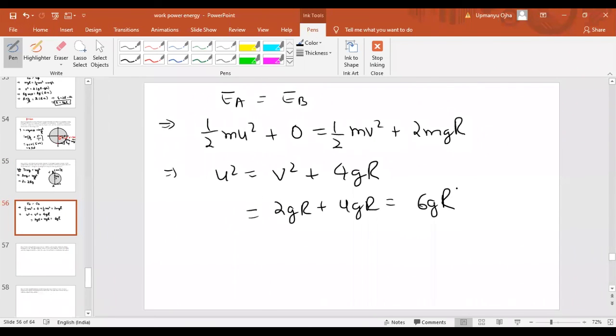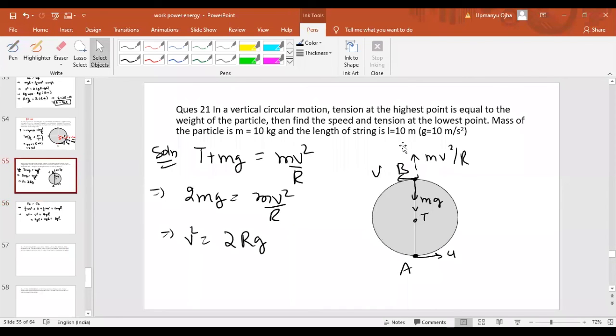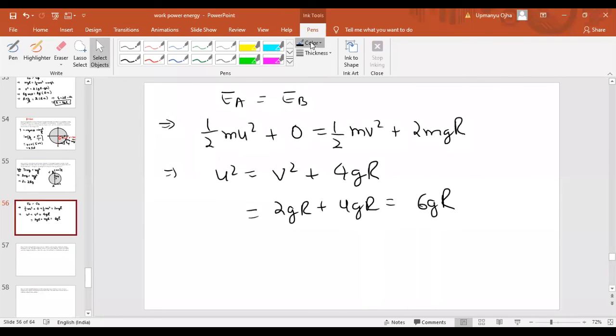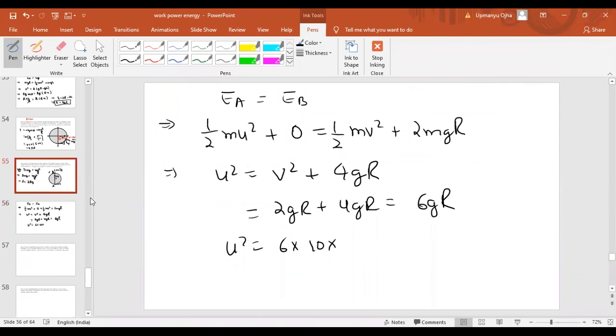So u square equals 6gr. Now we just need to substitute the values: u square equals 6 into 10 into the radius, which is 10 meters, into 10.